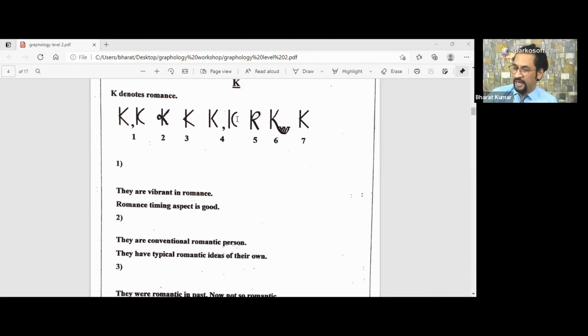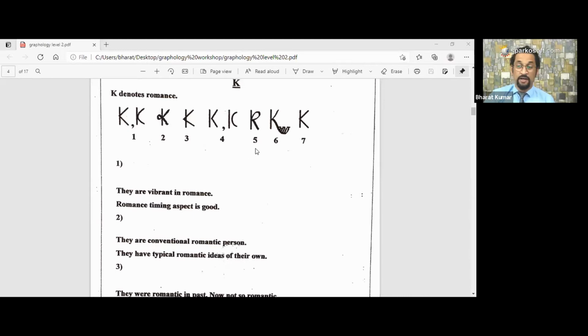Fourth kind of K, two types of K are given here. In the fourth, if someone is confused about English terms somewhere, you can message me regarding that point only. This loop is in the forward direction, so they can have romance in future, but just now they are staying away from romance.